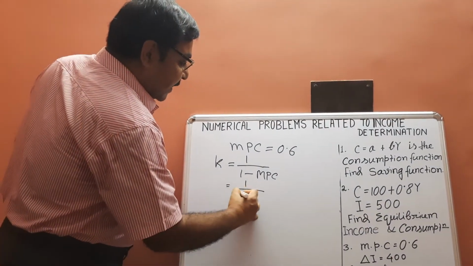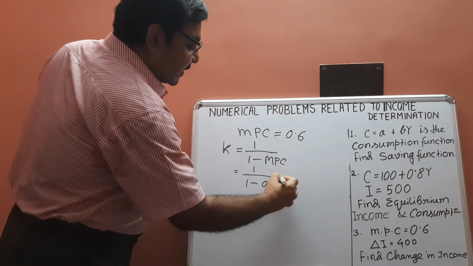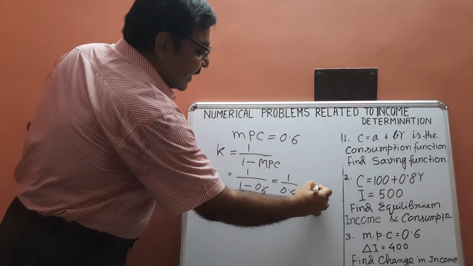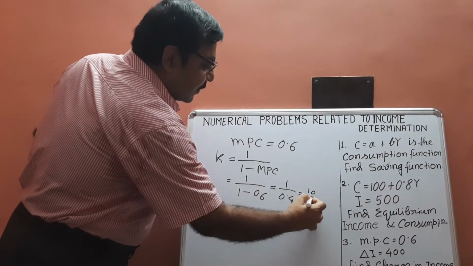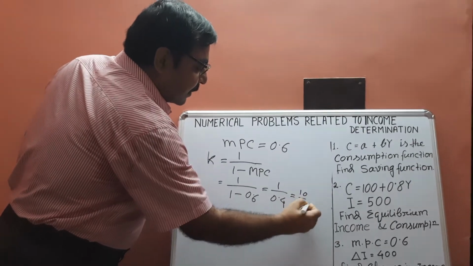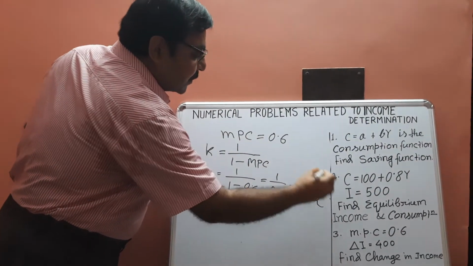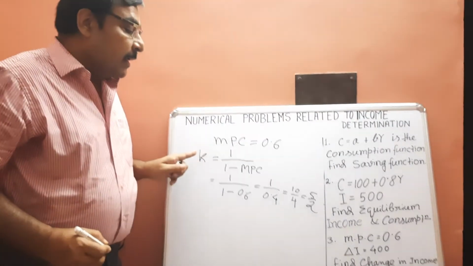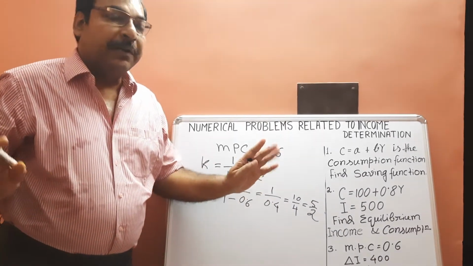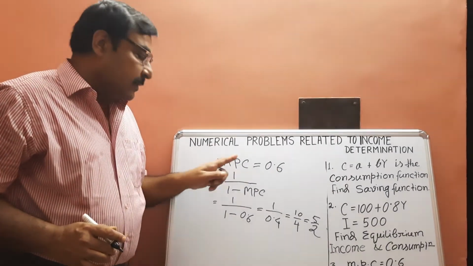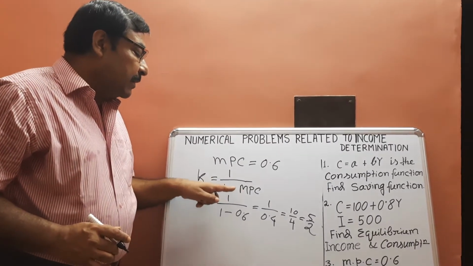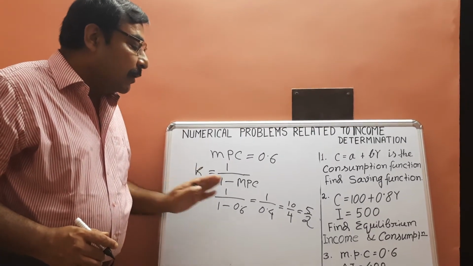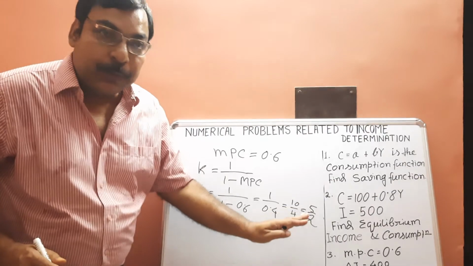So 1 by 1 minus 0.6, 1 by 0.4, that is 10 by 4, that is equal to 5 by 2. So we are getting the multiplier, K for multiplier. Multiplier is equal to 5 by 2 or 2.5. When MPC is given, applying the relation between MPC and multiplier, we can find out the value of multiplier, and it is here 5 by 2.